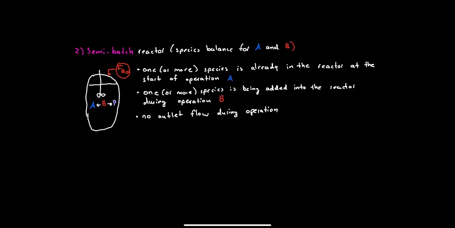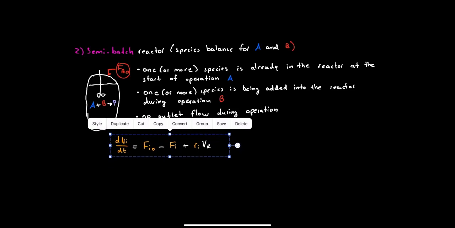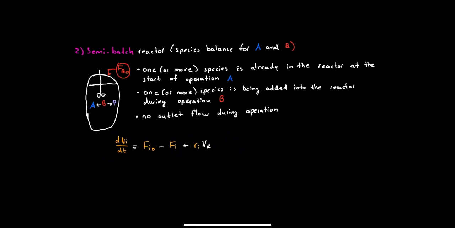So let's take a closer look at the general species balance for a species I. For a semi-batch, this equation will depend on the species we're looking at. First of all, for both species we do not have an outlet flow, so our outlet flow Fi is going to be 0 for A and B. However, our inlet flow Fi0 will depend on the species.